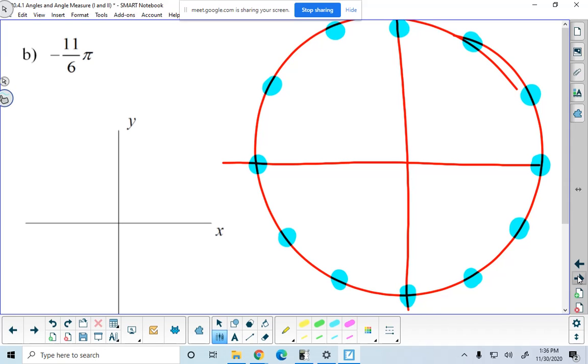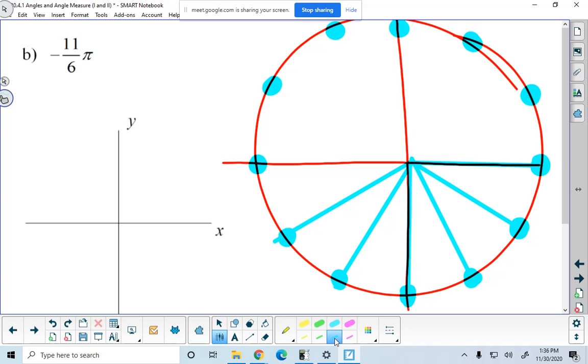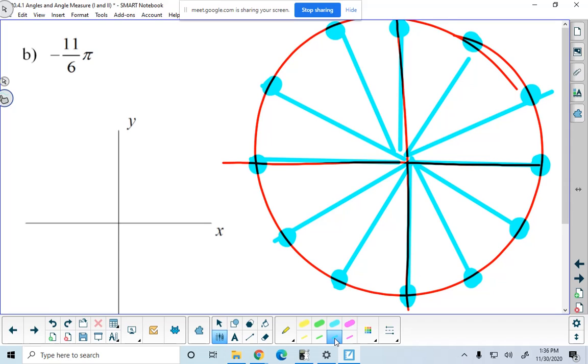Those are all 30-degree chunks, which means they're chunks of pi over 6. Okay. Starting at 0, there's 1, 2, 3, 4, 5, 6, 7, 8, 9, 10, 11 pi over 6 in a negative direction.